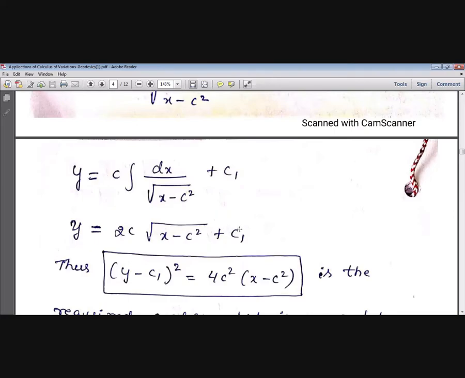y − c1, square. Take this c1 to this side, transpose that c1 to this side, then square.